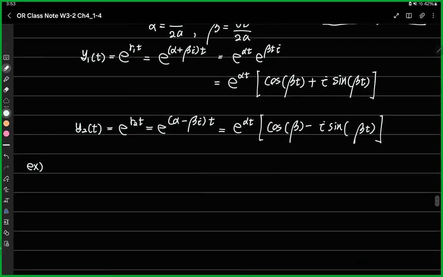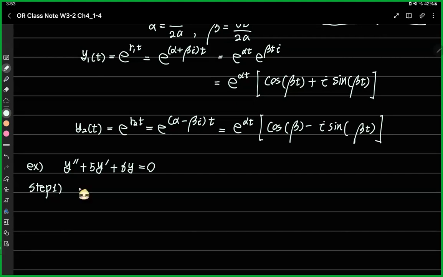I want to find the solutions to this differential equation: y second derivative plus 5y prime plus 6y is equal to 0. Step 1 should be finding the auxiliary equation, I mean the characteristic equation.